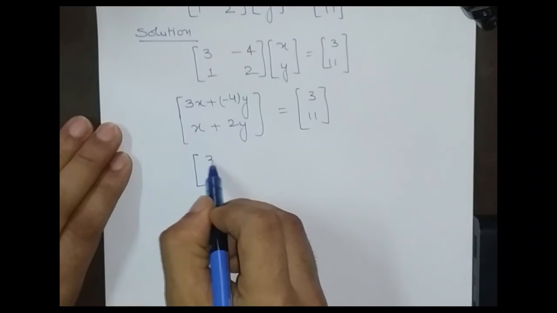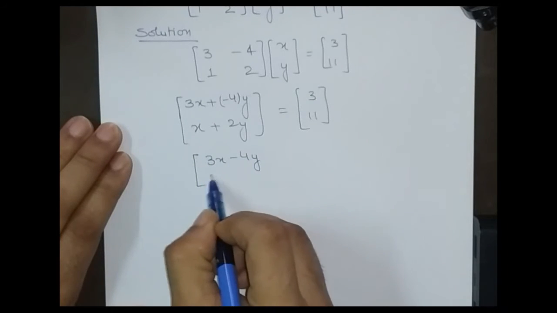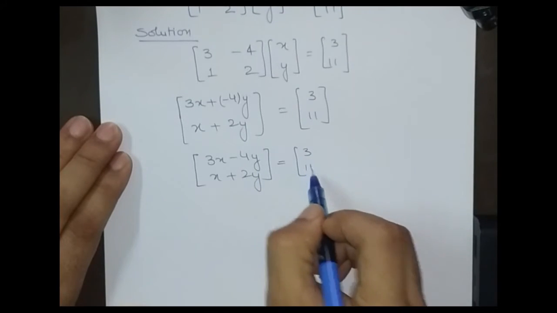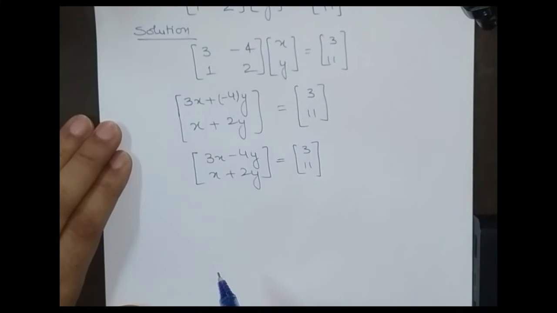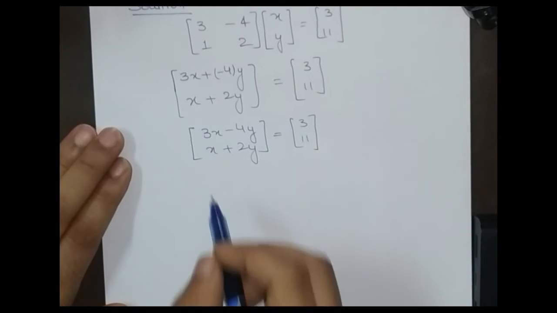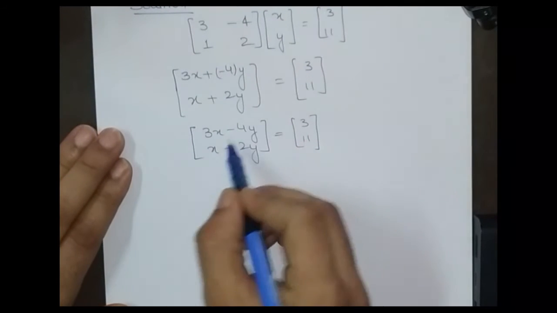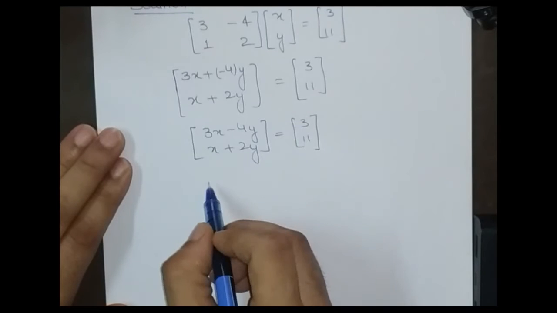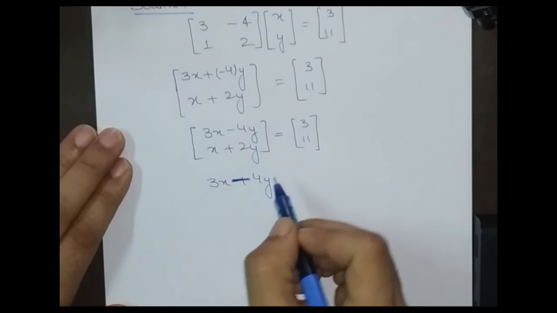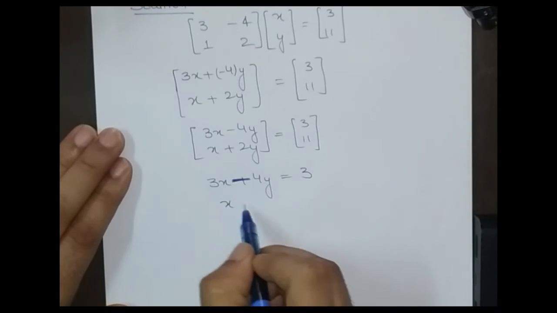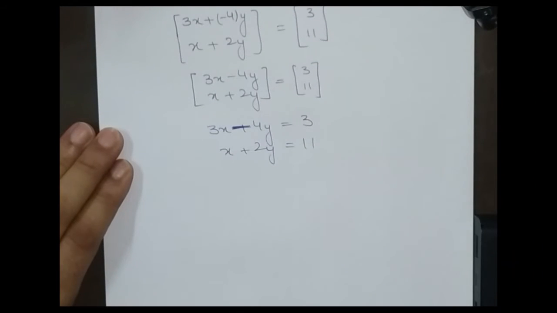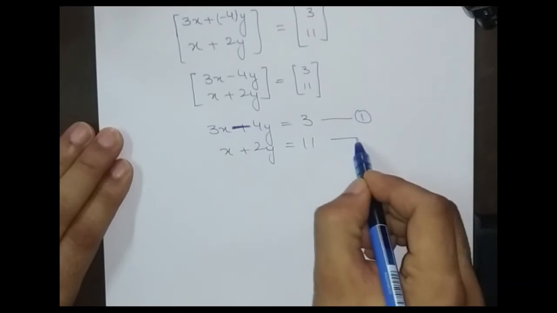Further, [3x minus 4y, x plus 2y] is equal to [3, 11]. From this we get 3x minus 4y is equal to 3, and x plus 2y is equal to 11. We get these two equations, first and second.